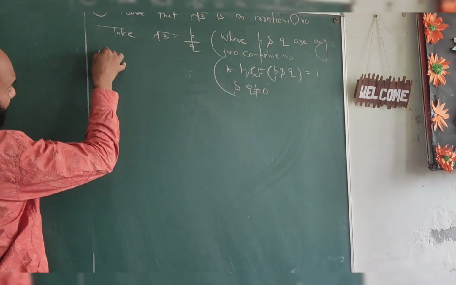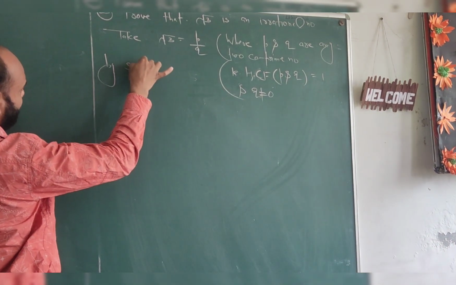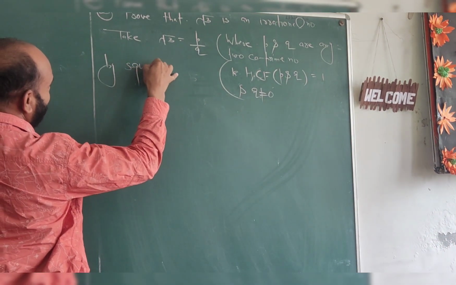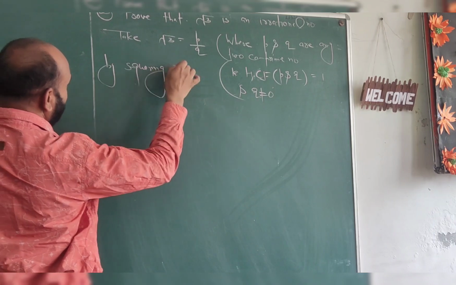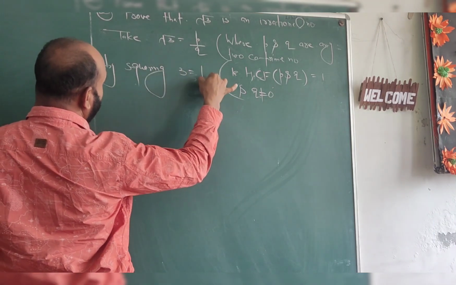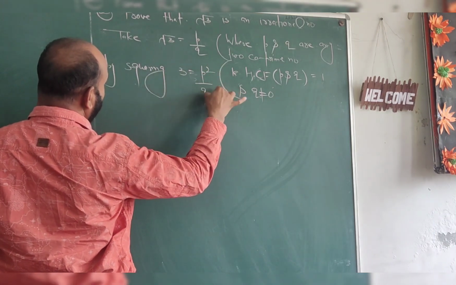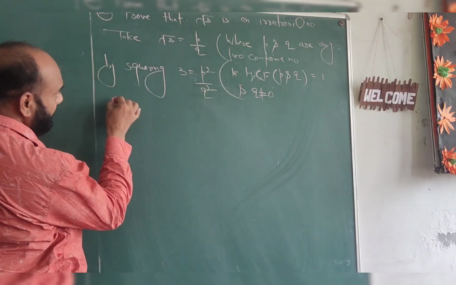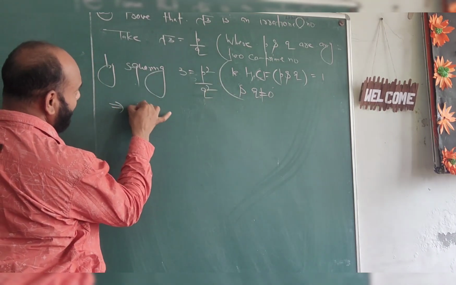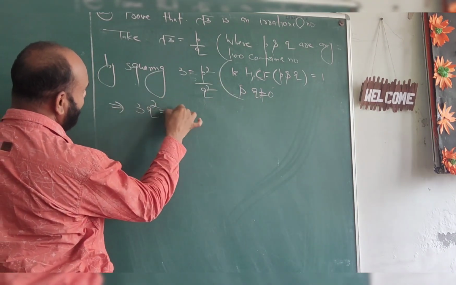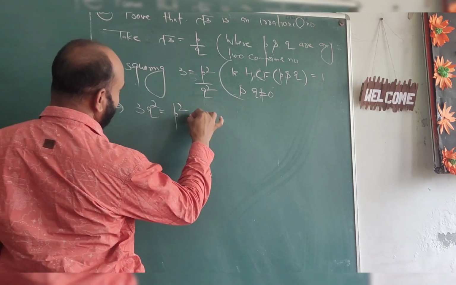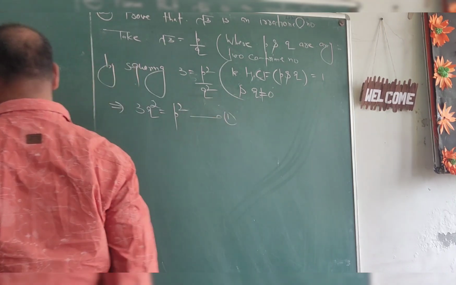So by squaring we get 3 is equal to P square upon Q square. So by cross multiplication, 3Q square is equal to P square. This can be written as equation number 1.